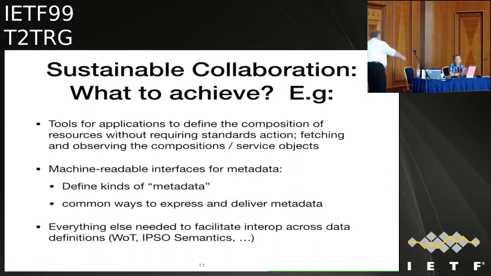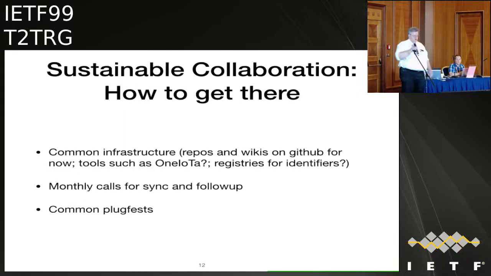Now, how do we get there? Well, first of all, as with every such workshop, you build a little bit of common infrastructure. We have that GitHub repo, we have wikis, we probably will define further wiki pages and repositories, but we will also collect other tools.